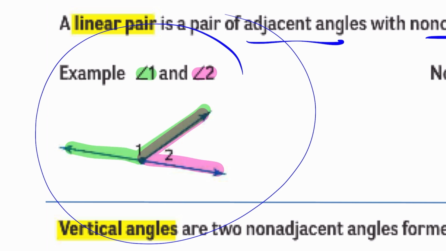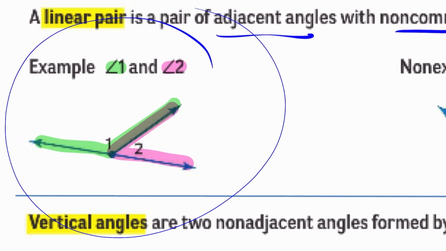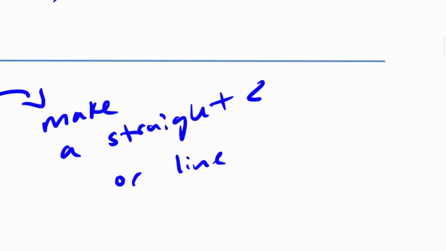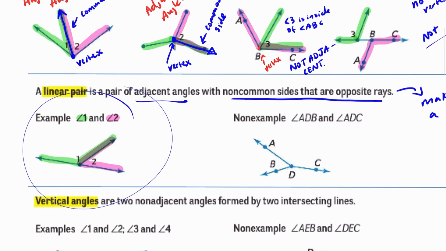Angle 1 and angle 2 share a common vertex and a common side. So that means that these two angles are adjacent. Now, these two angles also make a straight angle or a line, as we can see over here. This is a ray, and this is a ray. And these two rays are opposite to each other. So therefore, we can say that this is a linear pair.